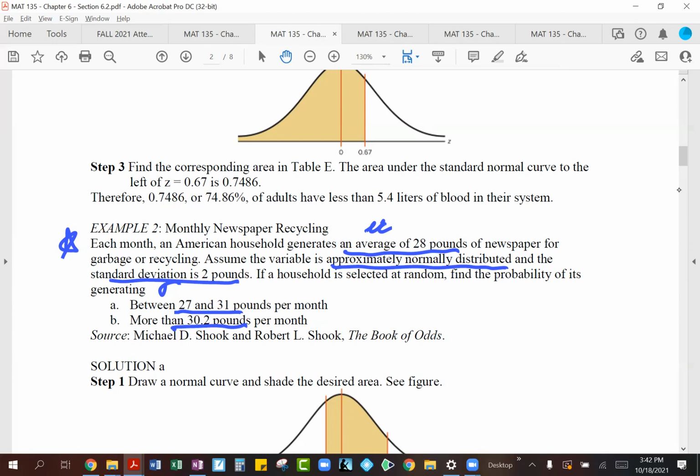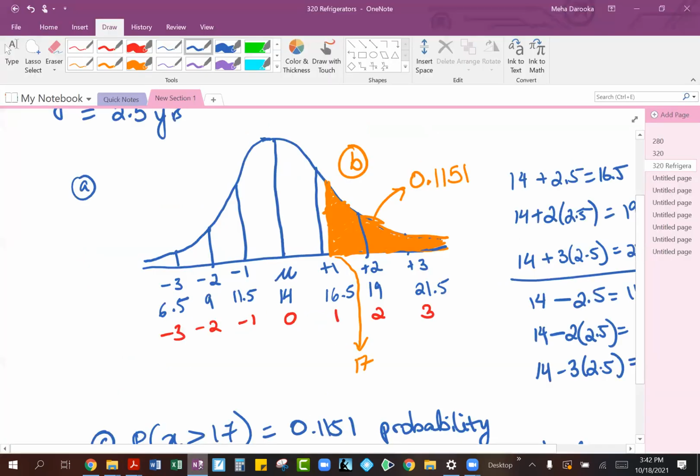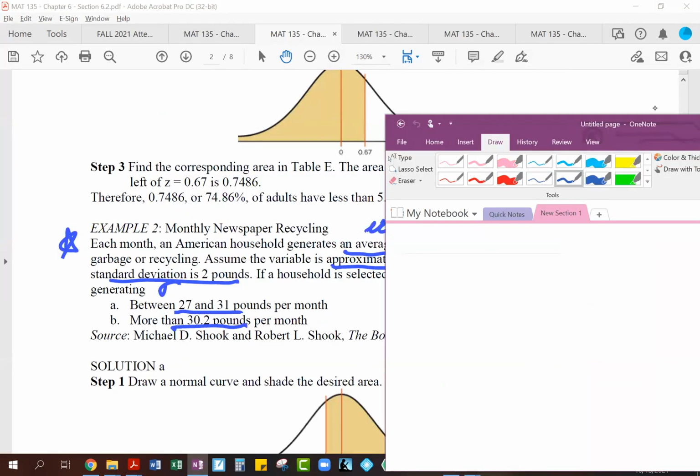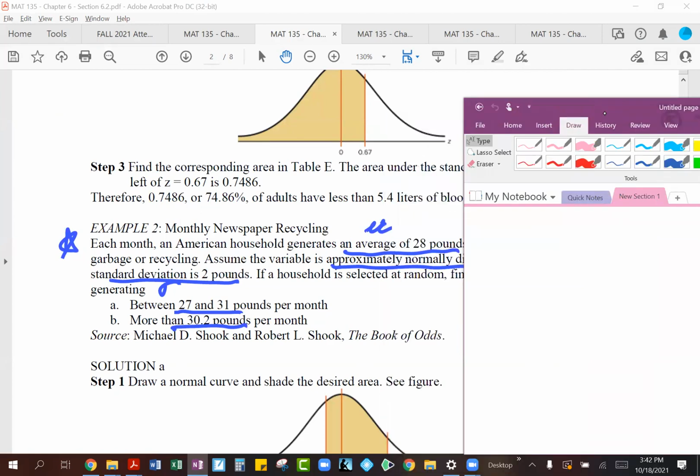So the first thing you do is start out with your normal curve and where you're going to shade this. So let me actually show that to you over here. Okay, so we know they have an average of 28 pounds.